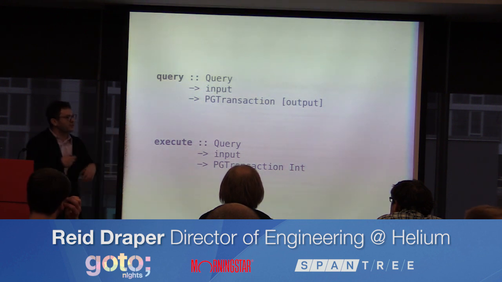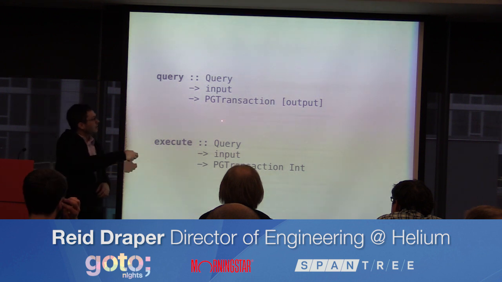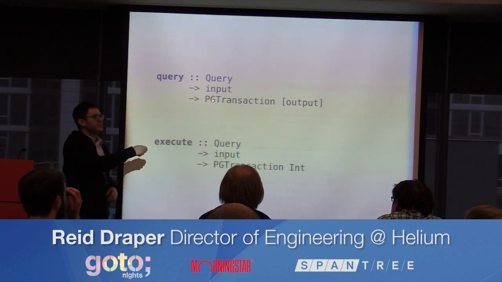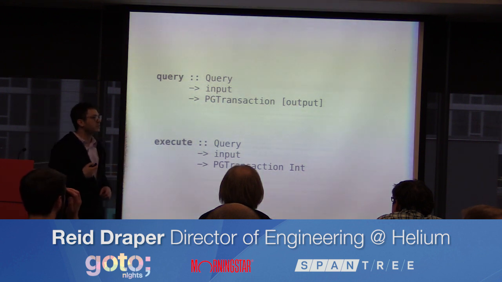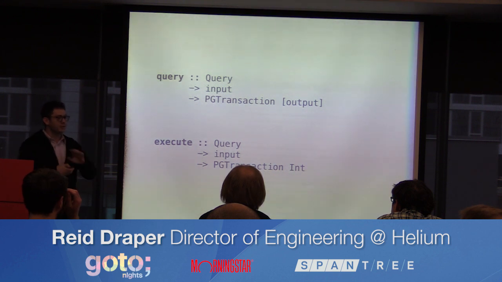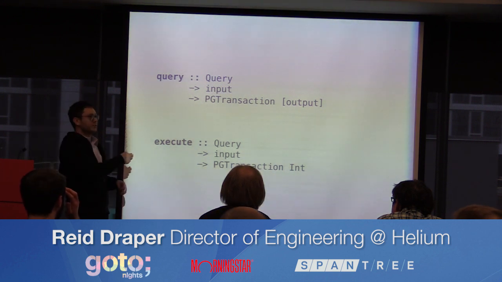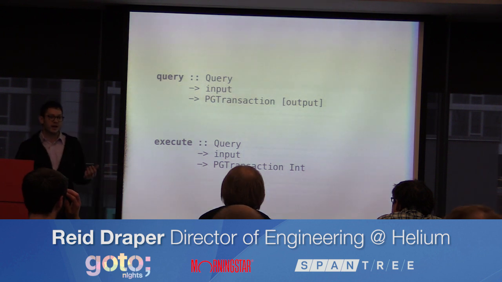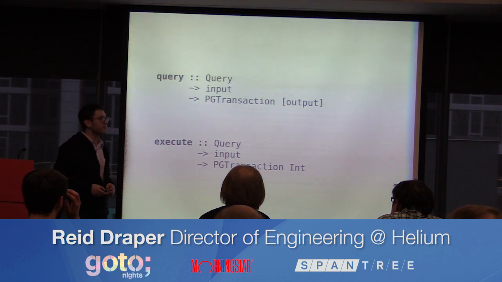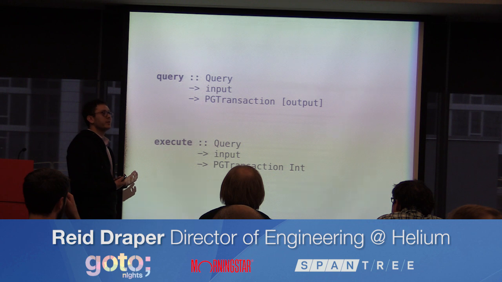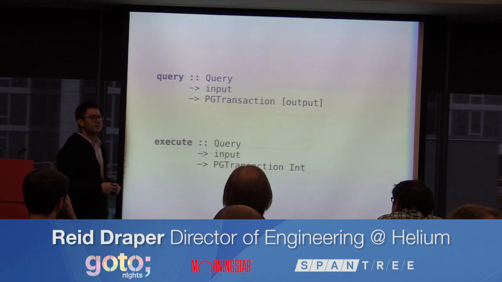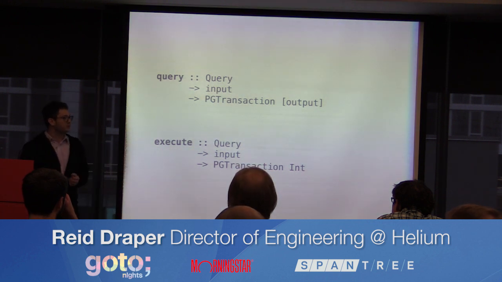It's going to return a list of output that matches our query, but it's going to do it inside of this PG transaction type and not IO. So it doesn't have to worry about sending begin and commit. We specifically don't call with transaction because there is no with transaction that works on PG transaction, because we know that the only way that someone can actually execute this is by calling that run PG transaction function.